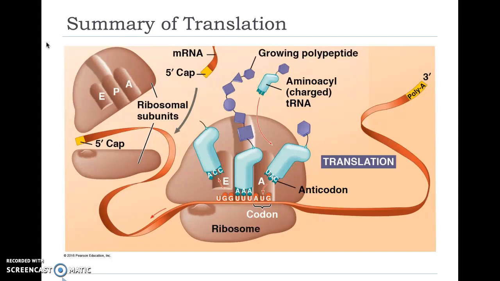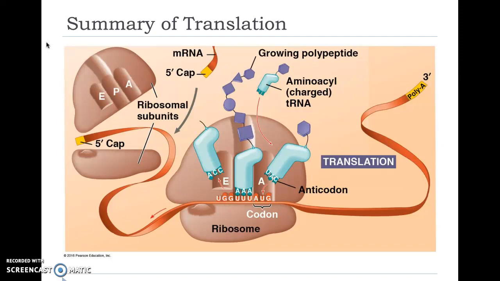Also, you can see there are three sites in the ribosome: the A site, the P site, and the E site. When translation takes place, it works along the mRNA strand from the 5' cap to the end where the poly A tail is added at 3'.